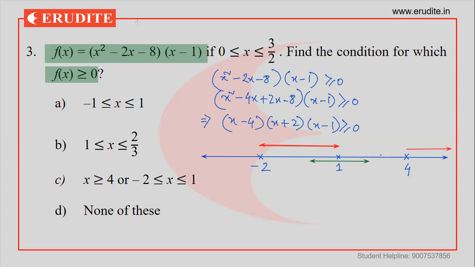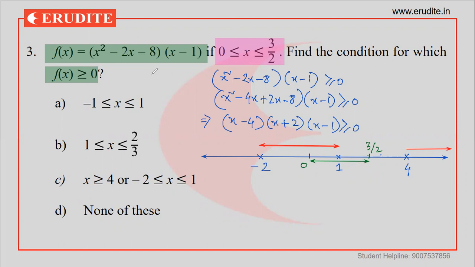So here I have taken this is 0, this is 3/2, and I want to satisfy this second one, that means 0 to 3/2. To satisfy this one, I am finding the second line. It is the zone range of x.